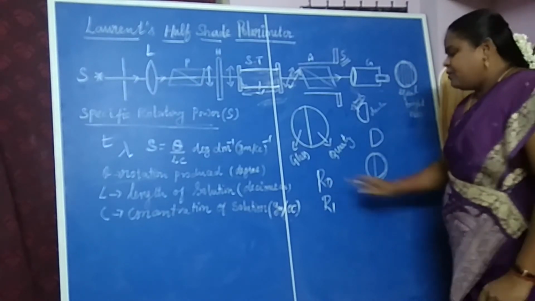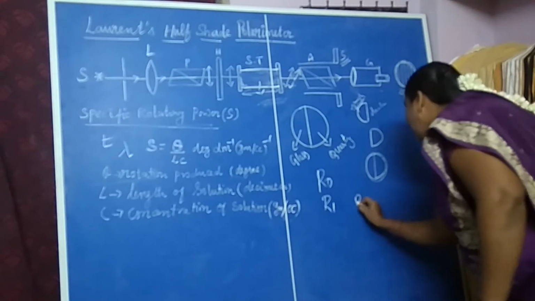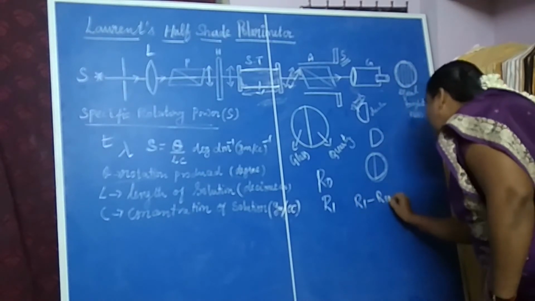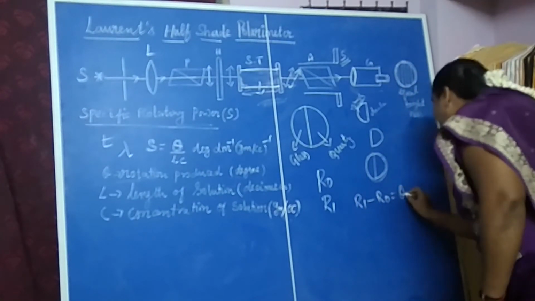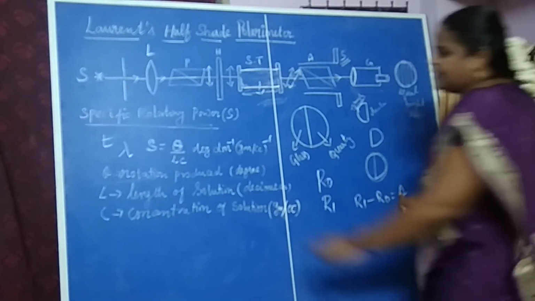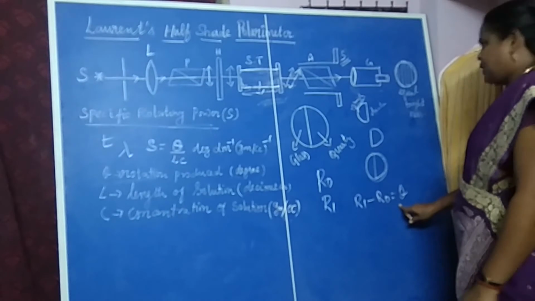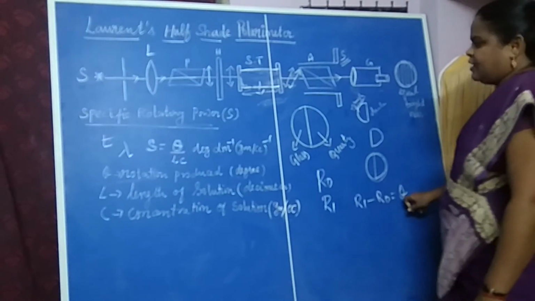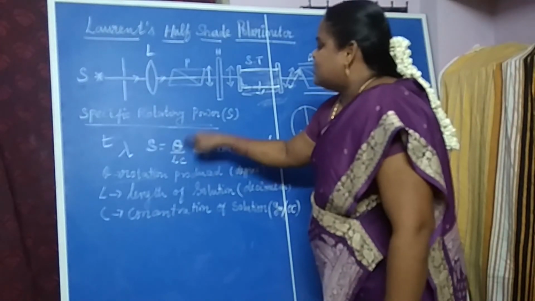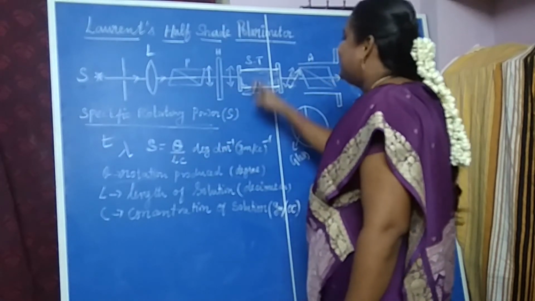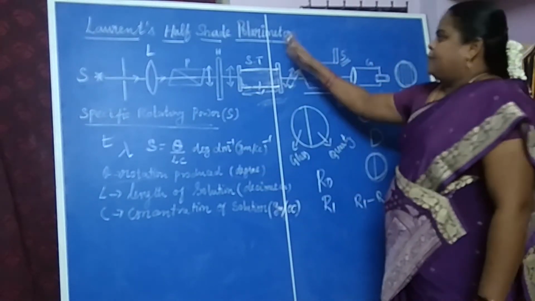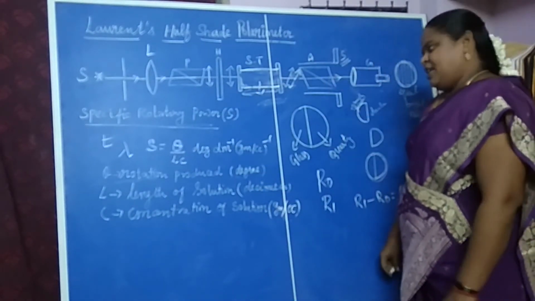The difference between these two values, R1 minus R0, equals theta. This theta is the rotation produced by the optically active substance. Using this theta value, we can find out the specific rotatory power of the given solution using this half-shade device.